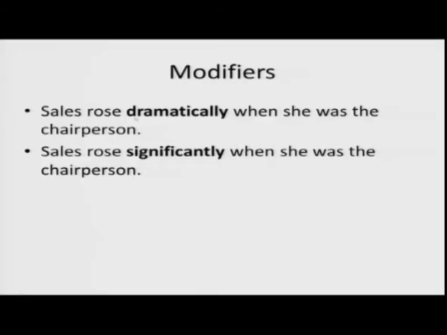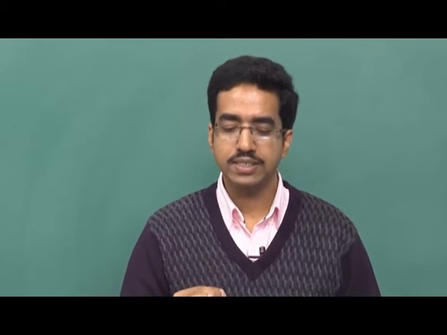So, when you see the word dramatically, what does it indicate? It usually indicates something very drastic, something of high proportions, very high rate. Significantly also tells something which was done in large proportions, of course, but there is a slight difference between dramatically and significantly.